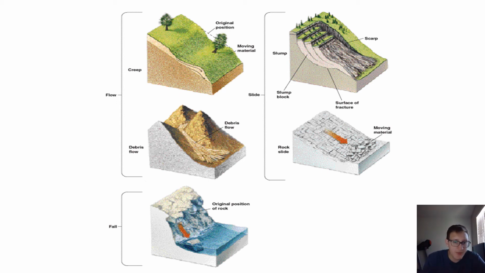Okay, you have debris flow below it. That, of course, is mostly caused by water, just bringing it down. And we will talk about all these different types. We have a slump. We have rock slides that fit into the slide category. And finally, we have rock falls or different kinds of falls where they start at a high original position and literally just fall to the ground without sliding.